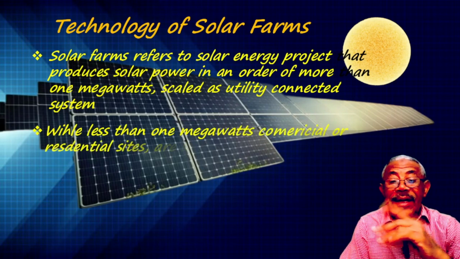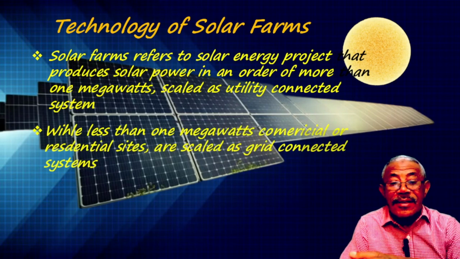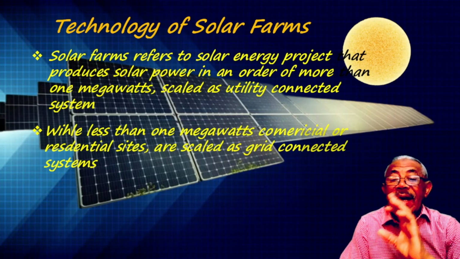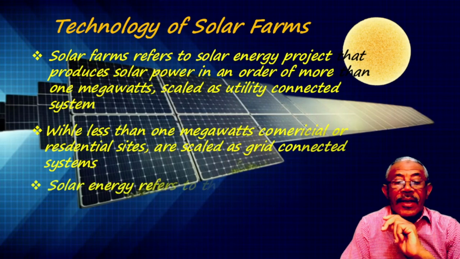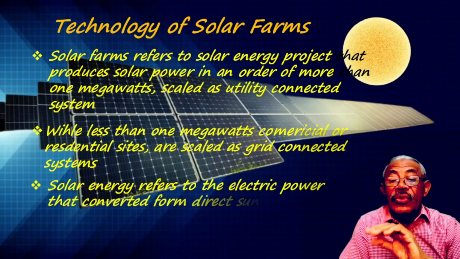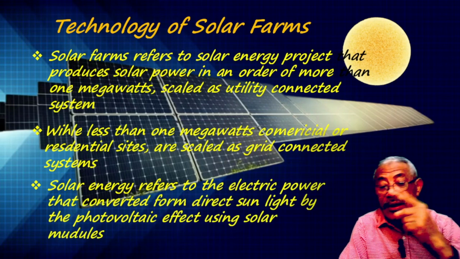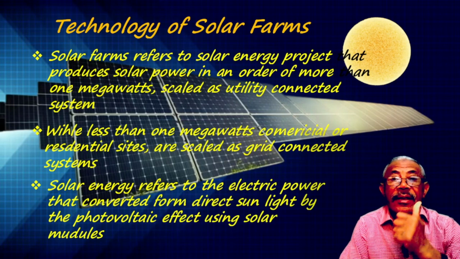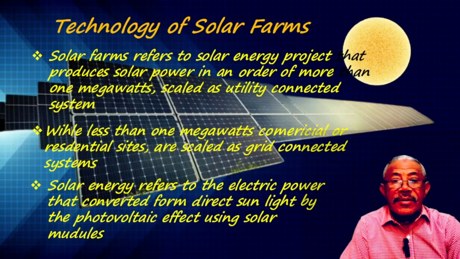While less than 1 megawatt, commercial or residential sites are scaled as grid connected systems. Solar energy refers to the electric power that is converted from direct sunlight by photovoltaic effect using solar modules.